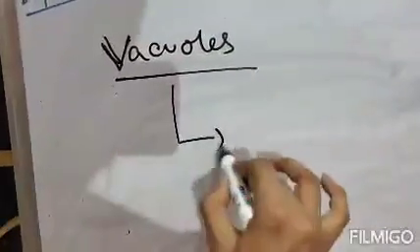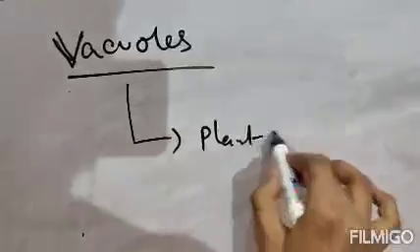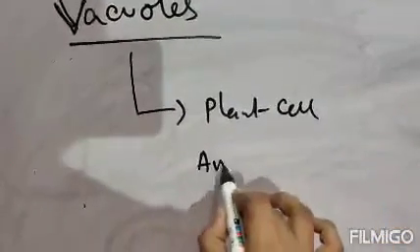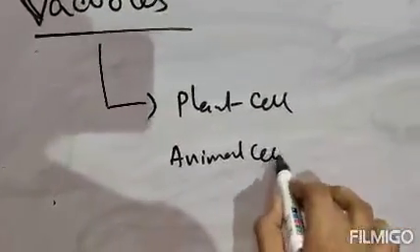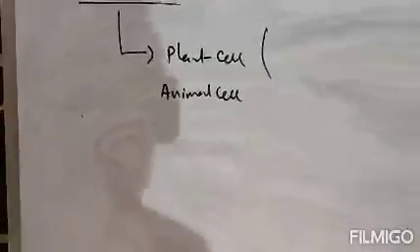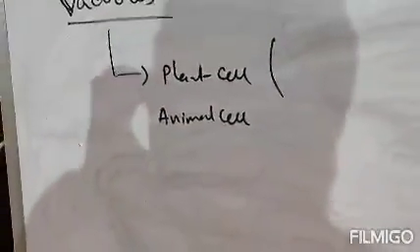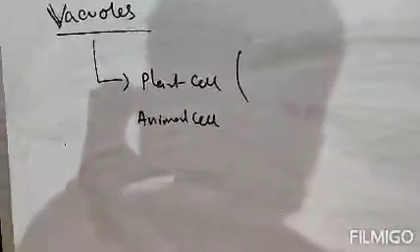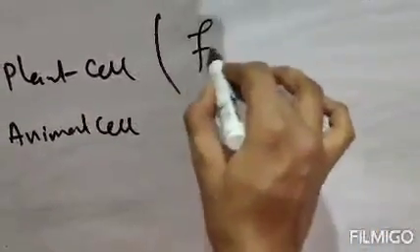When it is present in plant cell, it is present in fewer numbers. That means not very much.